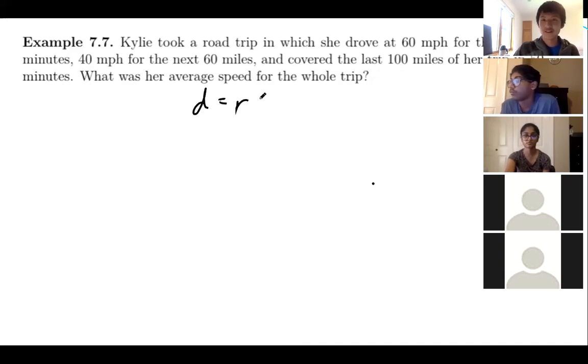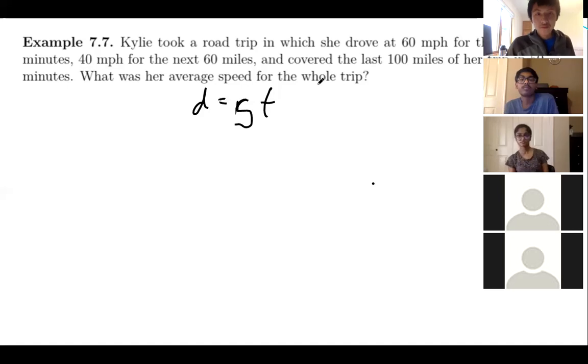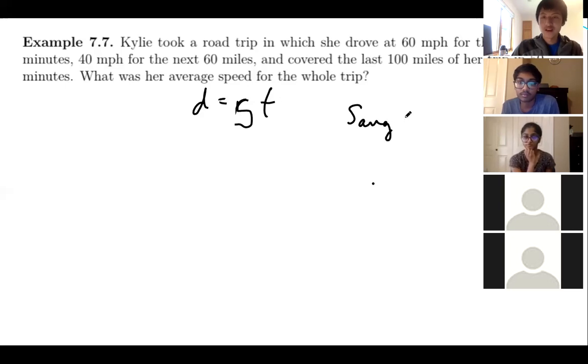So we see the word speed, and we immediately think to use distance equals speed times time. And also we're trying to find the average speed, so we know that is S equals D over T.